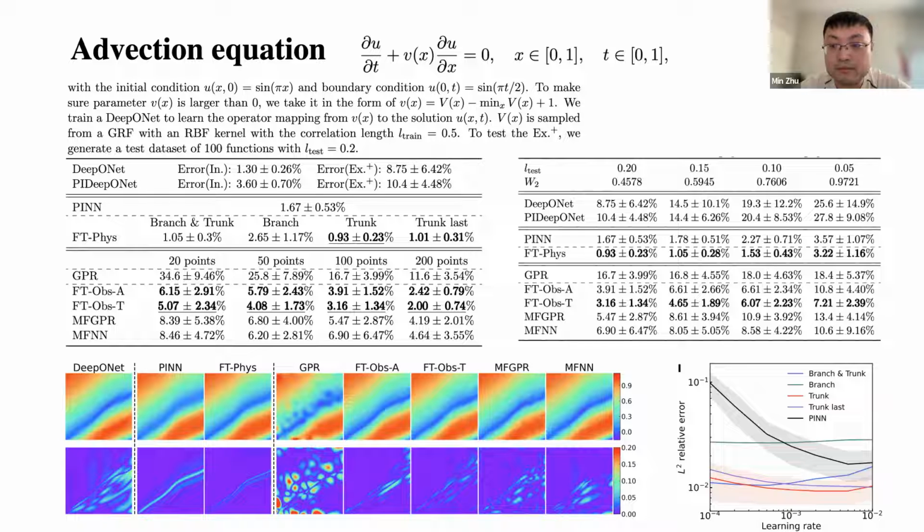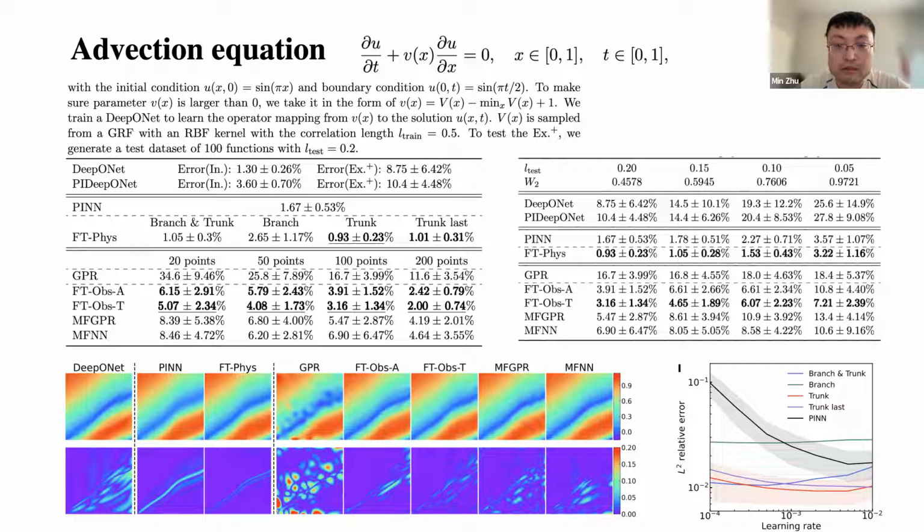All the methods outperform the baseline DeepONet and the GPR. And when we have physics, fine-tune with physics outperforms PINN in all scenarios. Even under the greater extrapolation with L test equal to 0.05, it reaches satisfactory errors of about 3%.